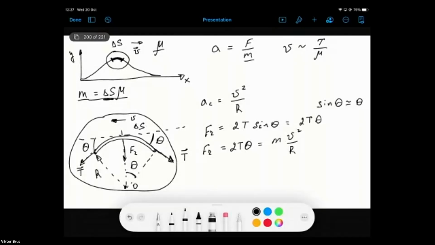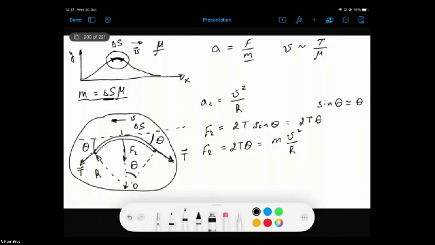Maybe theta divided by some angle, which is like a fraction of the circle, and multiplied by circumference. Yeah, but we don't know circumference.